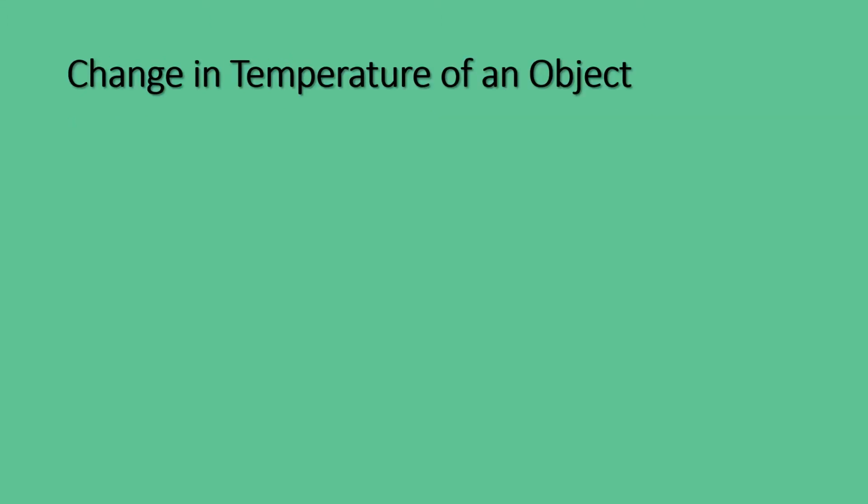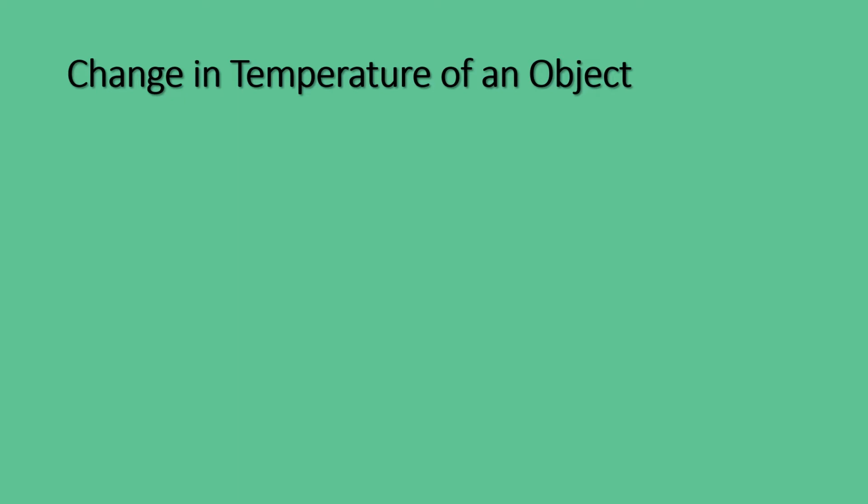Let us now talk about the change in temperature of an object or substance. In order to change the temperature of a substance, an amount of heat is required. This amount of heat, or Q, is proportional to the mass of the substance as well as to the change in the temperature of the substance. This temperature change also depends on the nature of the substance.